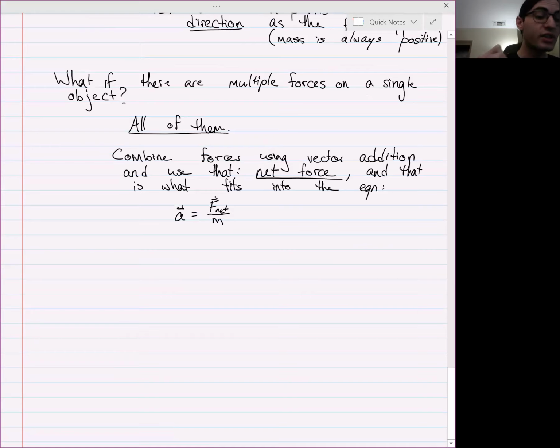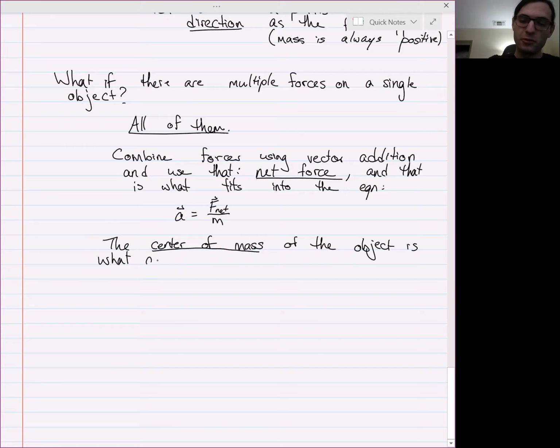So we assume that all forces, sorry, we don't assume that. Rather, if we discount rotation, the center of mass of an object is the thing that accelerates. We will mathematically describe what the center of mass is later.